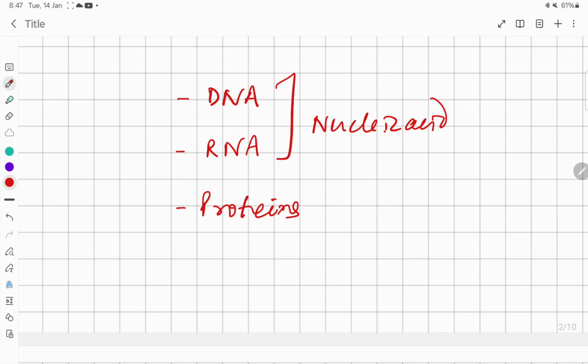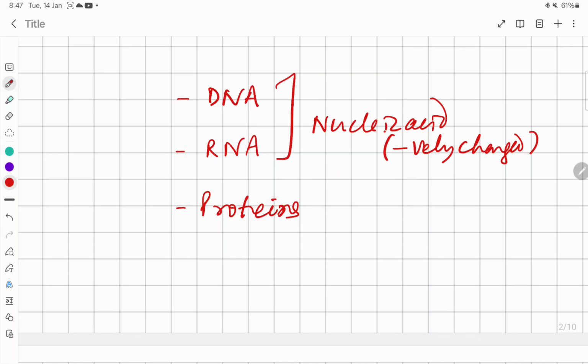Nucleic acids like DNA and RNA are used because they are negatively charged, so they will move towards the anode. So we use electrophoresis to separate nucleic acids like DNA based on their size.